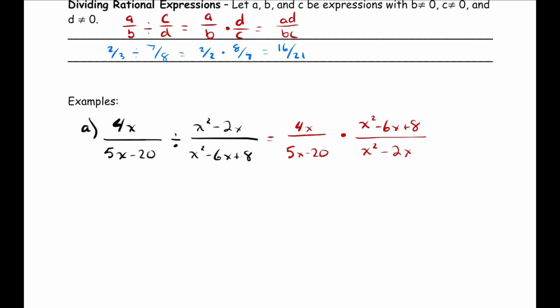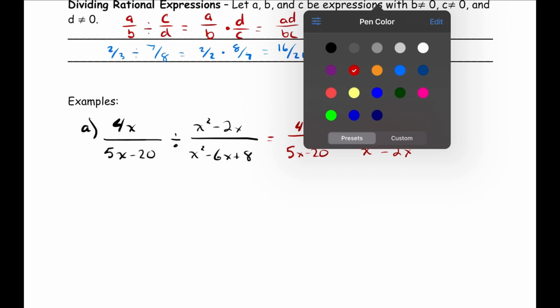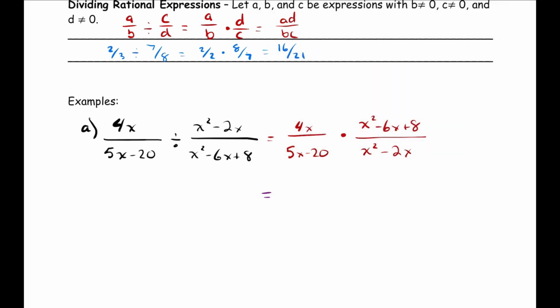Now we're going to follow the same steps that we did when we were looking at multiplying, which means that we will go ahead and factor both expressions. So we have 4x over 5 times x minus 4. Then factor the trinomial up here on top now. So we have x minus 2 and x minus 4.